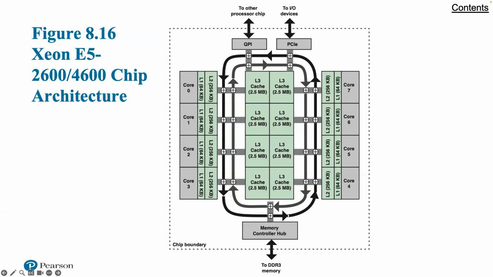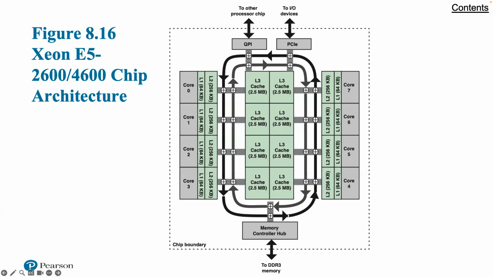Each core has a dedicated L1 and L2 cache. There's a shared L3 cache of up to 20 megabytes. The L3 cache is divided into slices, one associated with each core, although each core can address the entire cache.